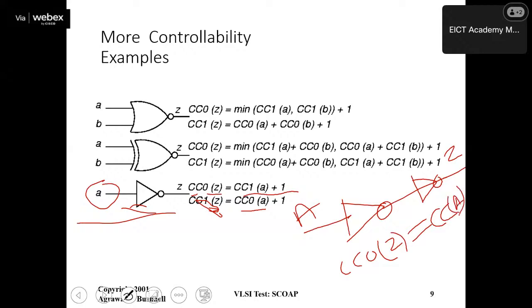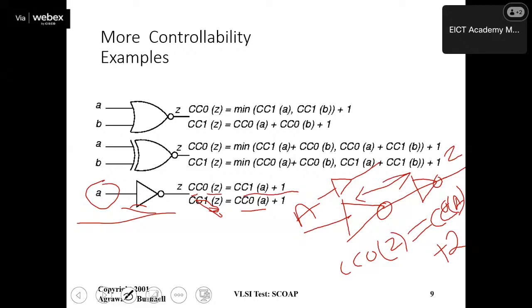You understand this or not? CC0 of A plus 2. In this particular case, it is A plus 2. In the previous case, when the buffer was a single entity, it was CC0 of A plus 1. Why? Because here I have two levels.